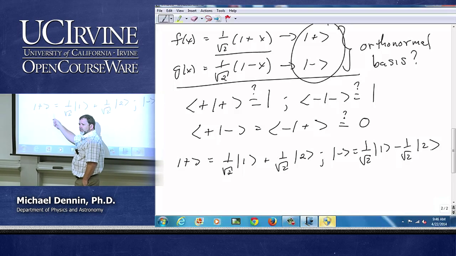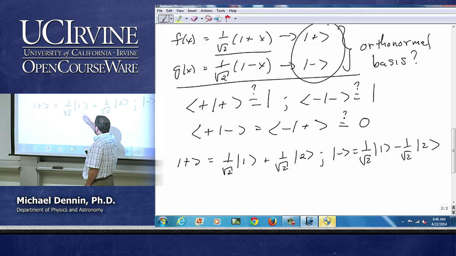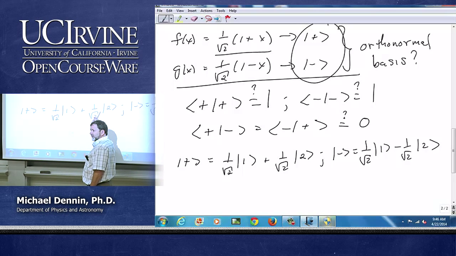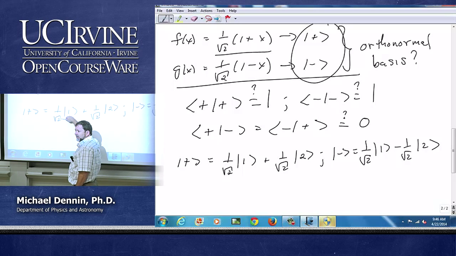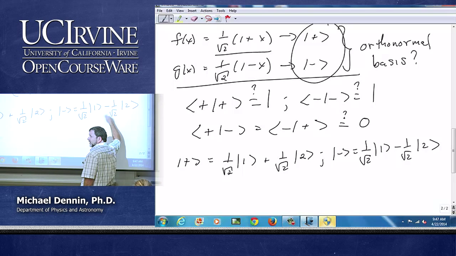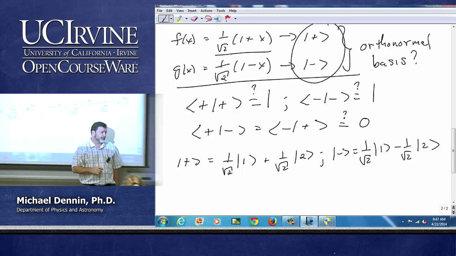If I multiply plus with itself, I'm going to get terms like <1|1>, which will be 1, <1|2>, which will be 0, <2|1>, which will be 0, and <2|2>. So I'm going to have two terms left that are 1s from the scalar products, with 1 over root 2 times itself becoming 1/2. So I'll get 1/2 plus 1/2, so plus plus will be 1. Minus minus works out the same because the minus sign becomes a plus sign when I do <2|2>. So those two you should check.